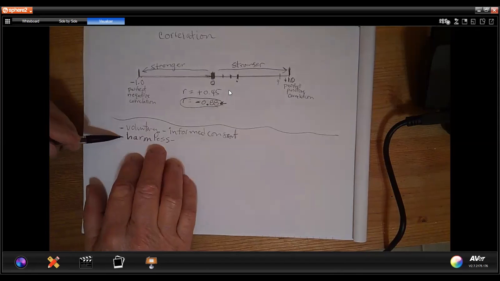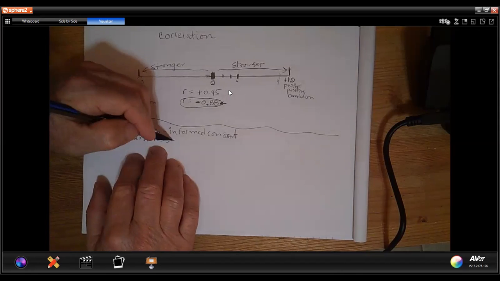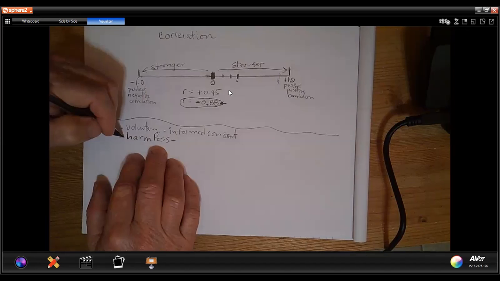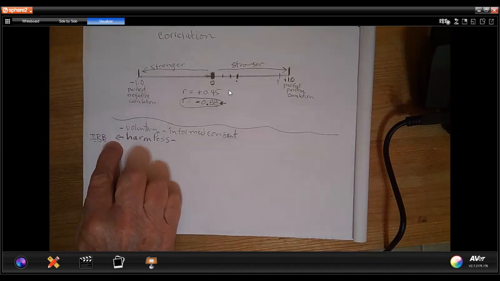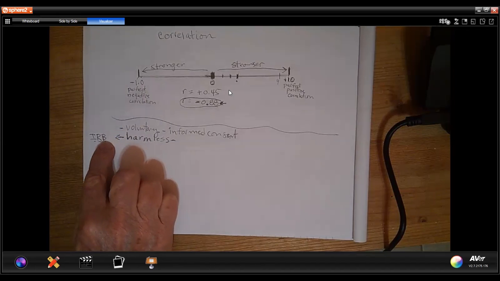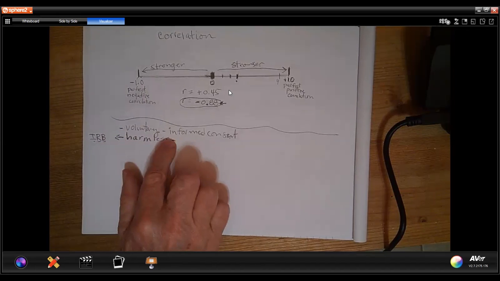By the way, research also has to be reviewed by an institutional review board. I'll just put IRB, Institutional Review Board. So the review board looks at research proposals, what the researcher would like to do, and they decide, hey, is this actually going to be harmless?